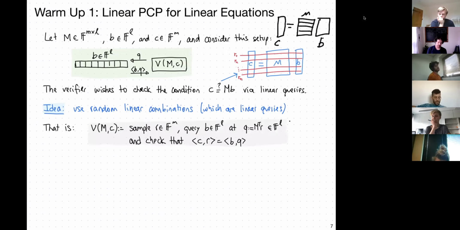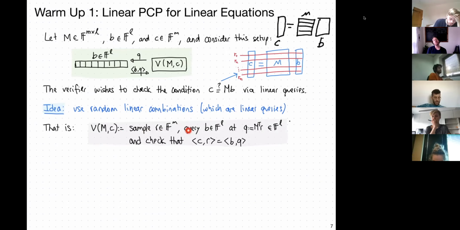Here is the idea written more formally. It might look a bit off-putting at first, but when we see the completeness, you'll see exactly why it's defined this way. What would the verifier do?